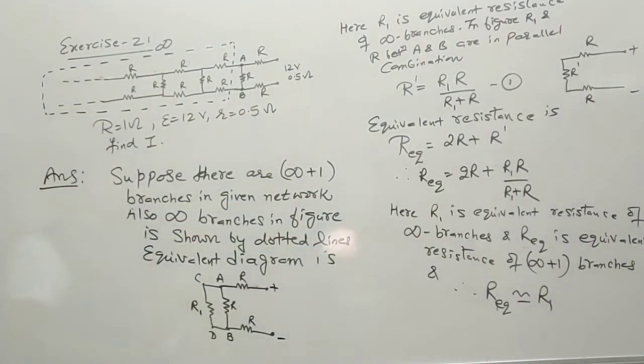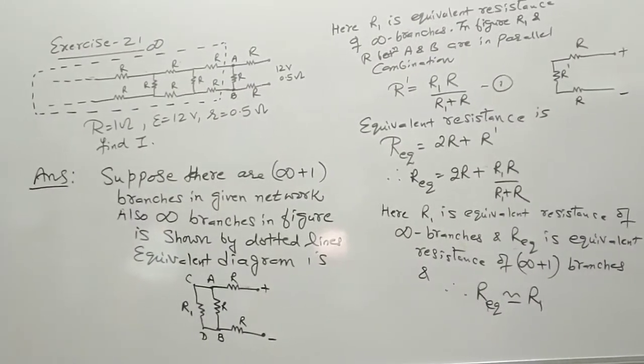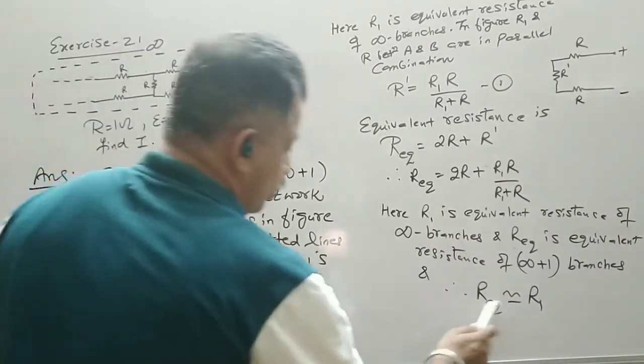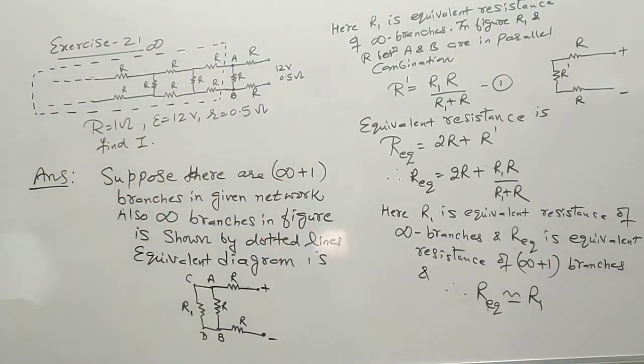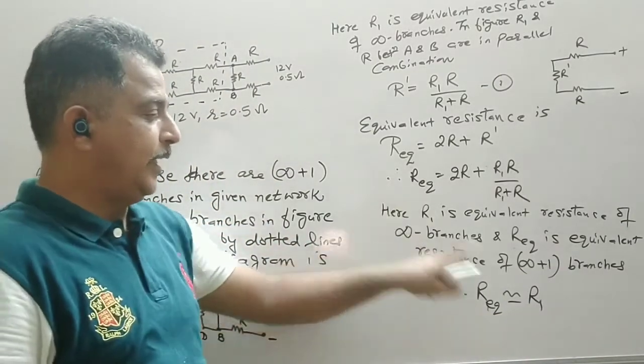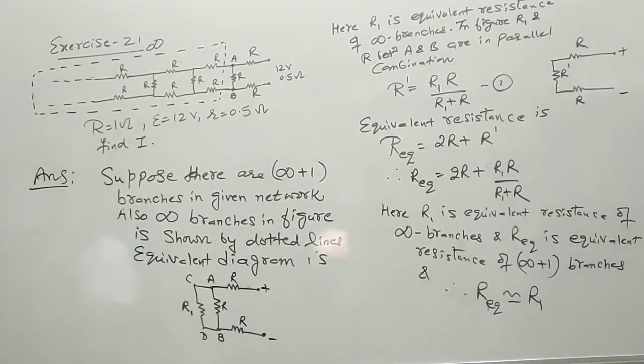So even if you take the values and try to do this, you will find that R equivalent comes out to be nearly the same as R1. So in the place of R equivalent, I substitute R1.